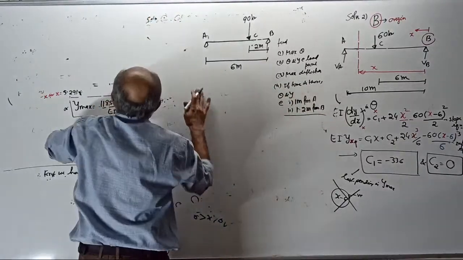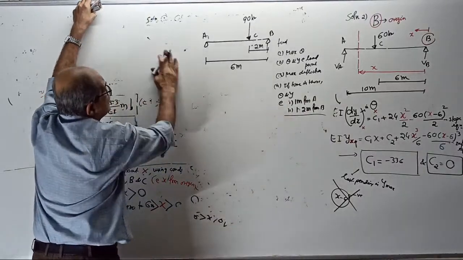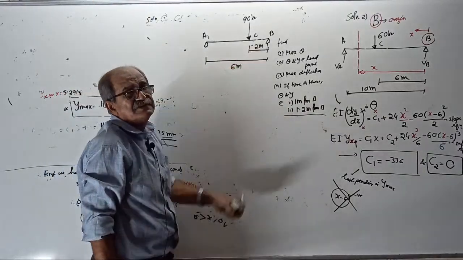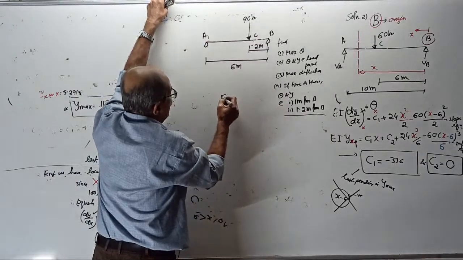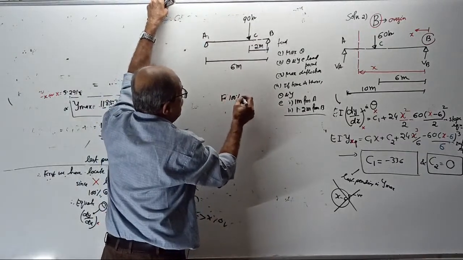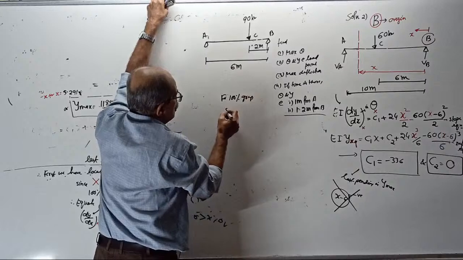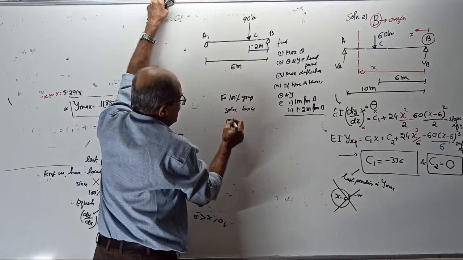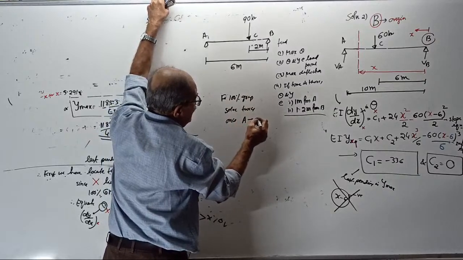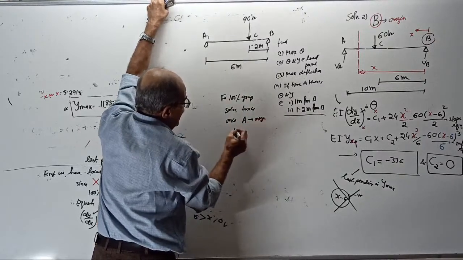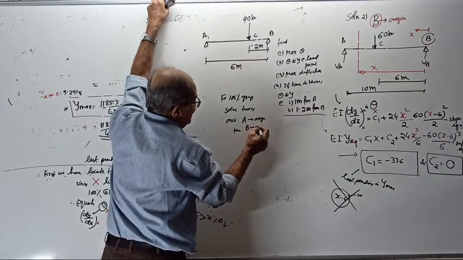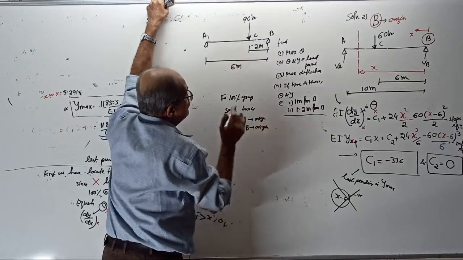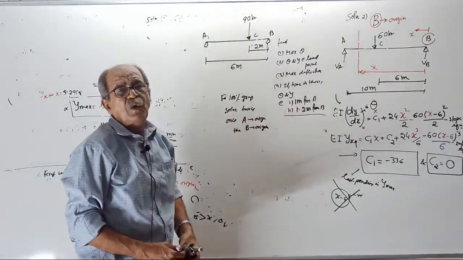Okay, start. Full homework. I will tell you first. Find the reactions. And remember, for 100% grip, solve twice. Once with A origin and then with B origin.